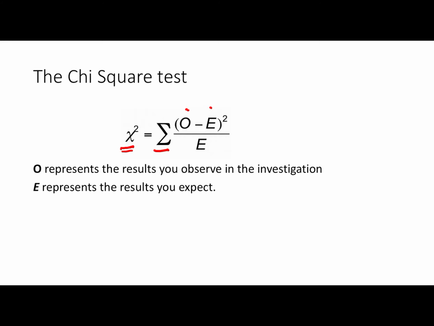So the bigger the value you get for chi-squared, the more likely it is that there's a bigger difference between what we observed and what we expected. So therefore, it's not following the pattern we expect. But what we also need to know is, how significant is this number? So that's what we're going to be looking at.